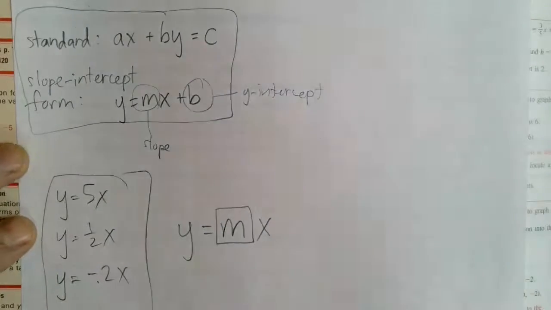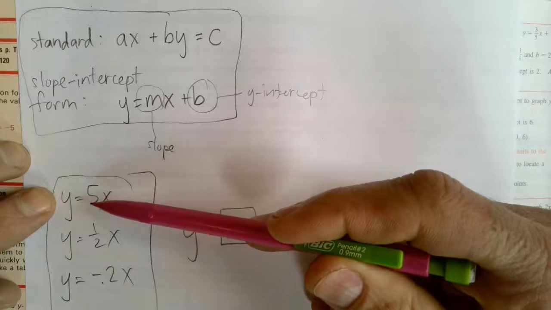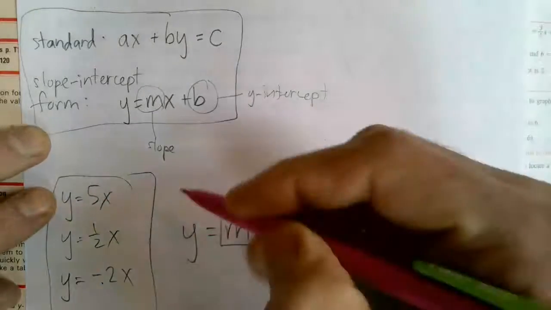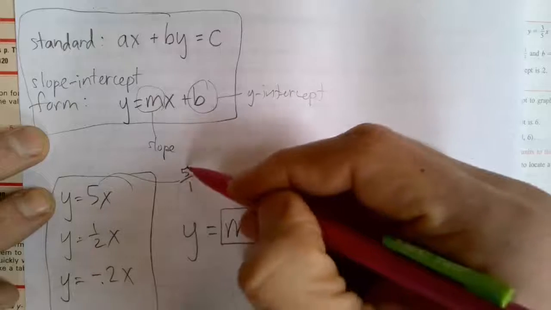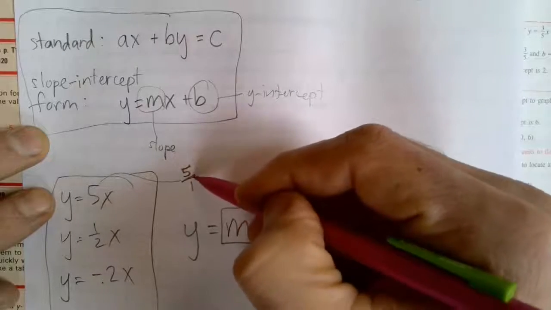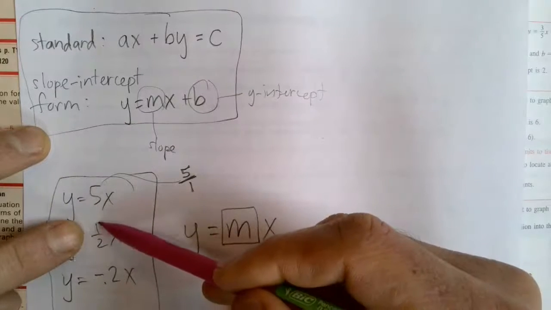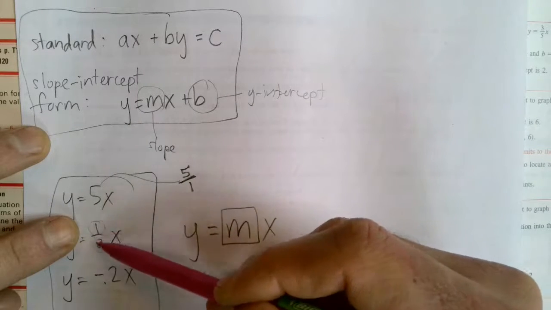Now another question. What is the slope of this line? 5. Remember, if it's a whole number, you can change it to a fraction like this. So this would be a rise of 5 and a run of 1. A rise of 1 and a run of 2. So up 1, over 2.